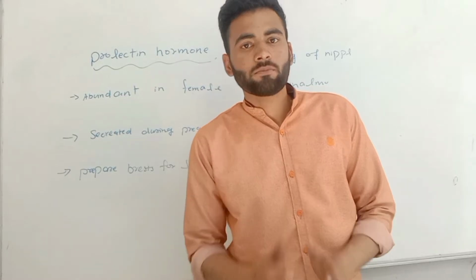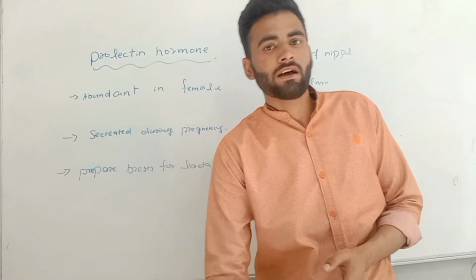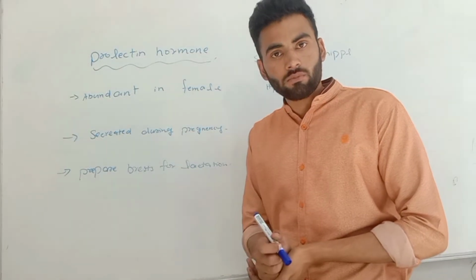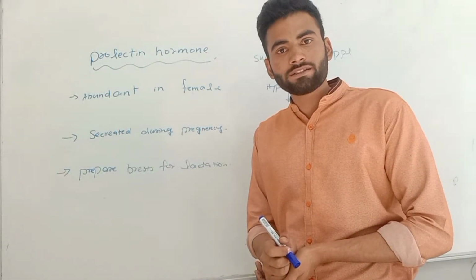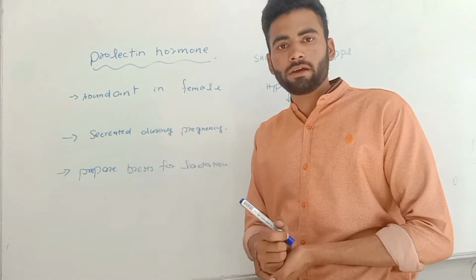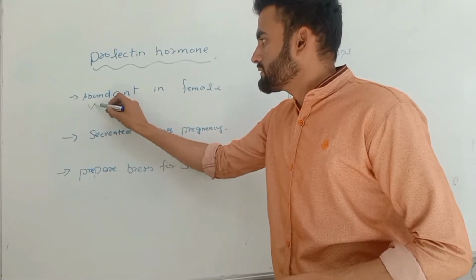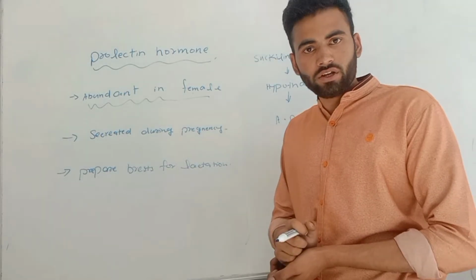Now let's talk about the fifth and last hormone that is secreted by the anterior pituitary, the prolactin hormone. Prolactin hormone is mostly secreted inside the body of a female during pregnancy, and it is abundant inside the female body.